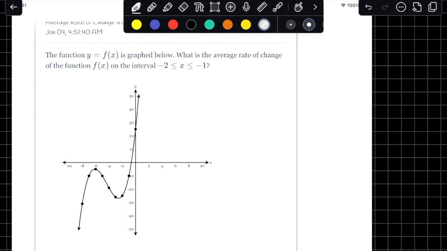We are supposed to find the average rate of change in the interval from -2 to 1. So if you can see, -2 is here. First I need to see what our value is at -2. So f of -2 equals, and similarly f of -1 equals, these two values we can read from the graph.